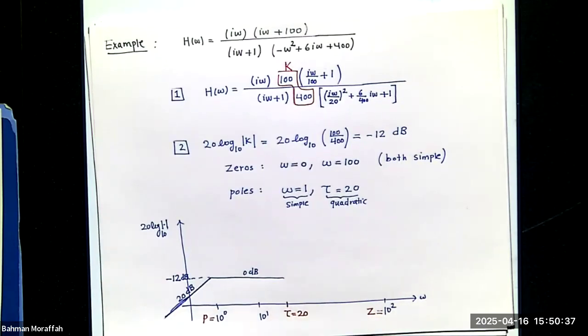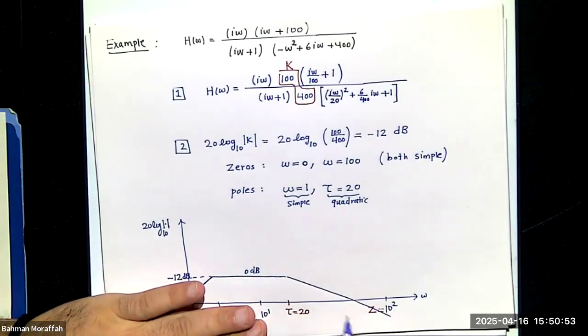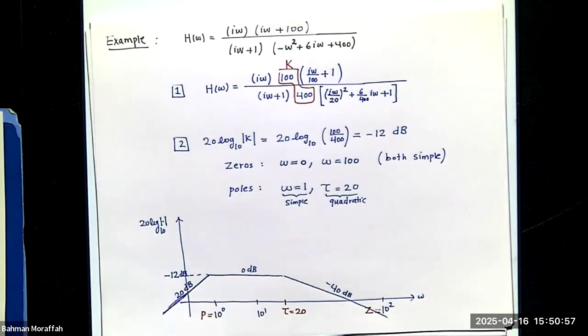I hit this tau. I know this tau is a quadratic pole. What does that tell me? It tells me I'm going down by 40. Right? So I'm going to go down by 40 till I hit the next zero or pole.